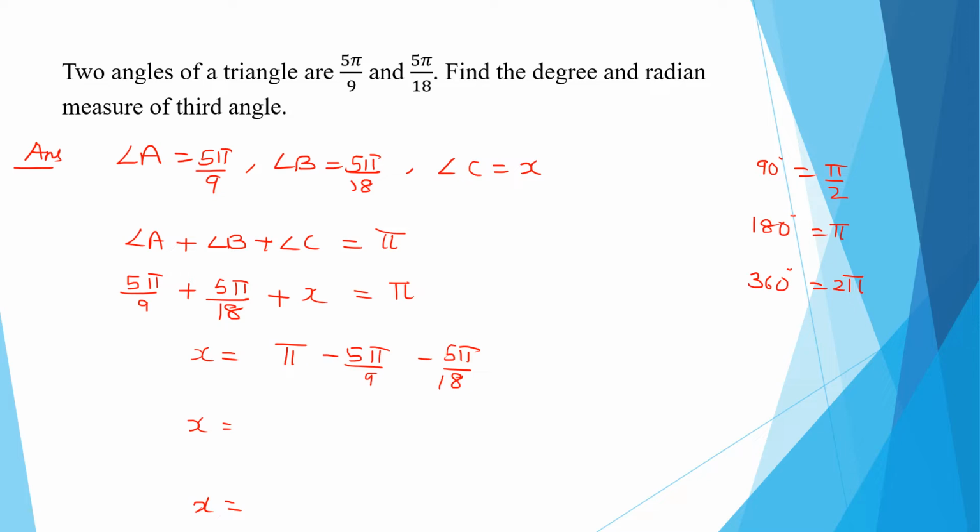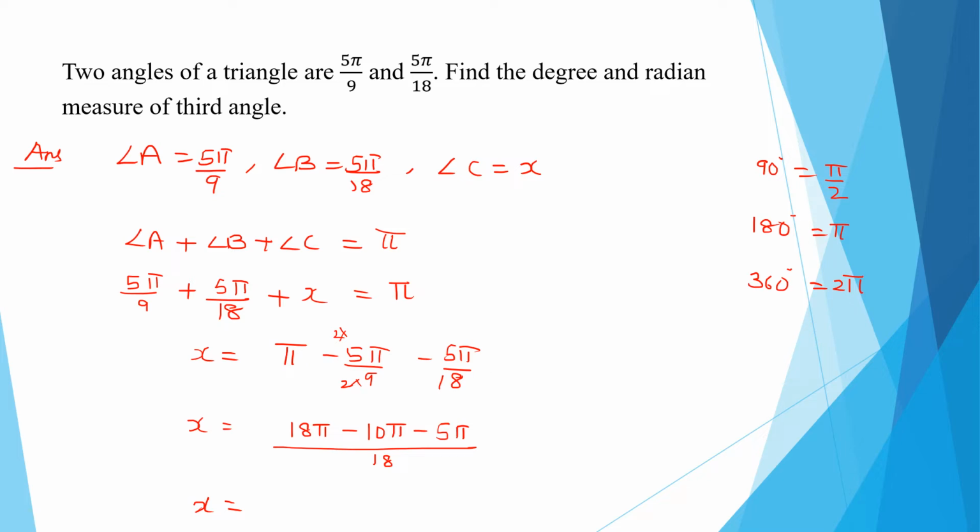So what will we get? I'll multiply this by 2, this by 2. So it will be 18 pi minus 10 pi minus 5 pi upon 18. That is 3 pi by 18. 18 minus 10 is 8. Wait, I multiplied by 2. This will become 18. 18 pi minus 10 pi.